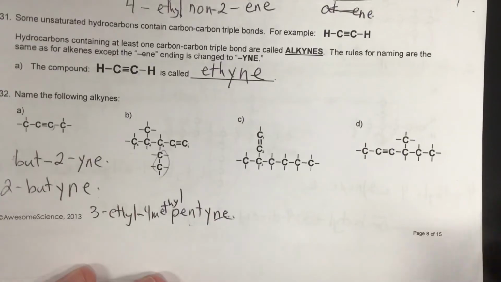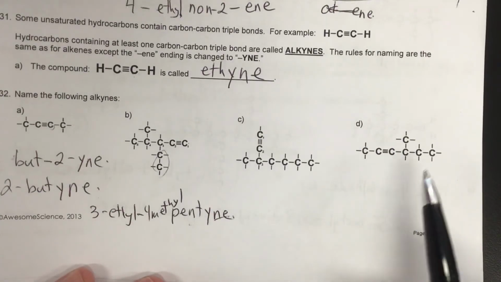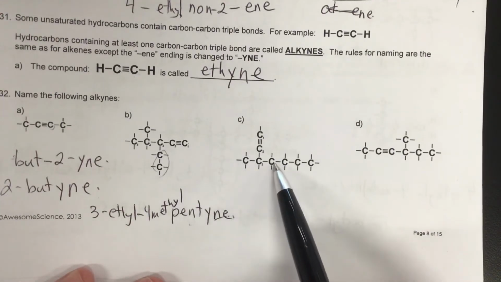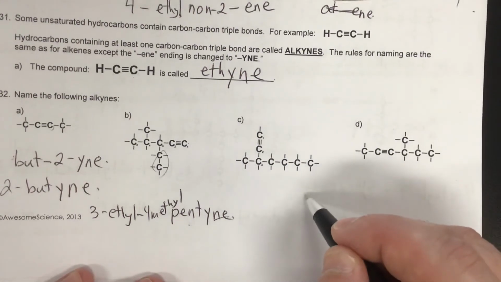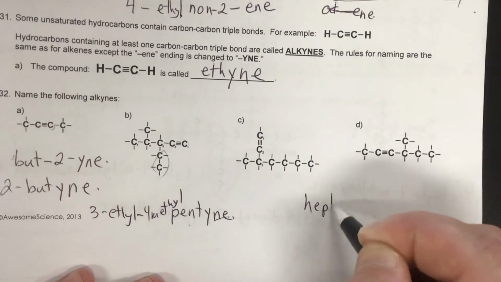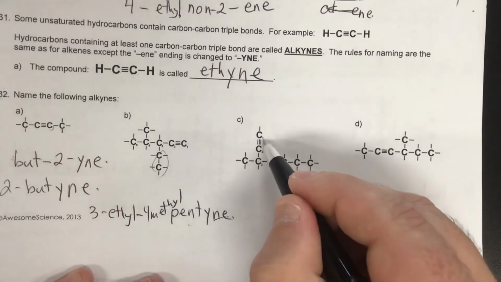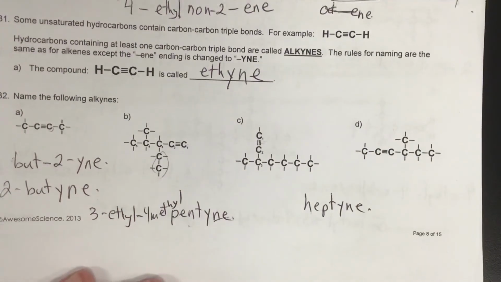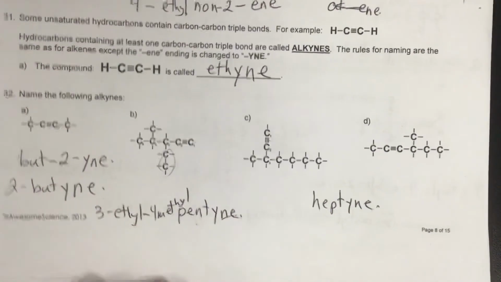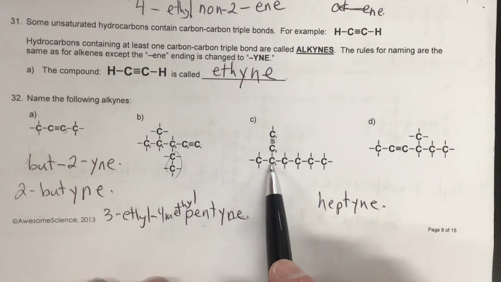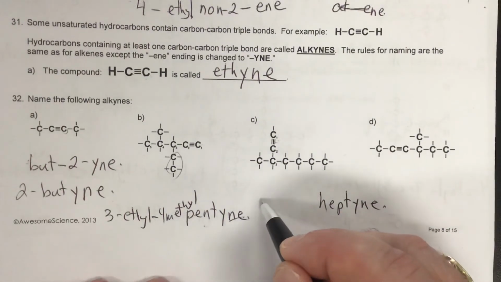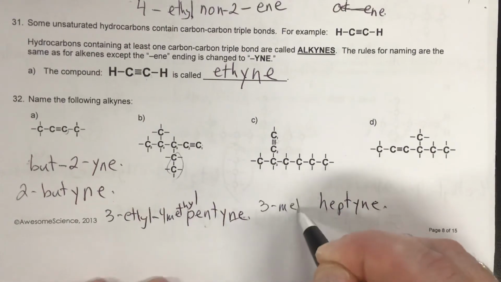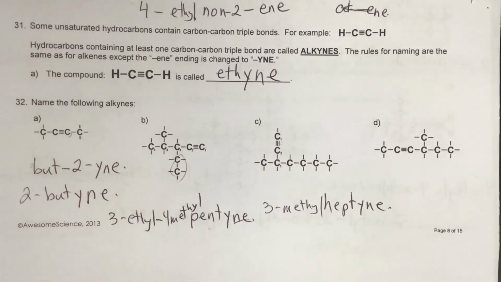C, they've been kind, and they've got 1, 2, 3, 4, 5, 6, 7. So this is going to be heptyne. And since the bond is on the first carbon, that just indicates that's where it is. Okay. Heptyne goes like this. So that means I've got a methyl group. So that's on the third carbon. That's 3-methyl heptyne. That's that one.